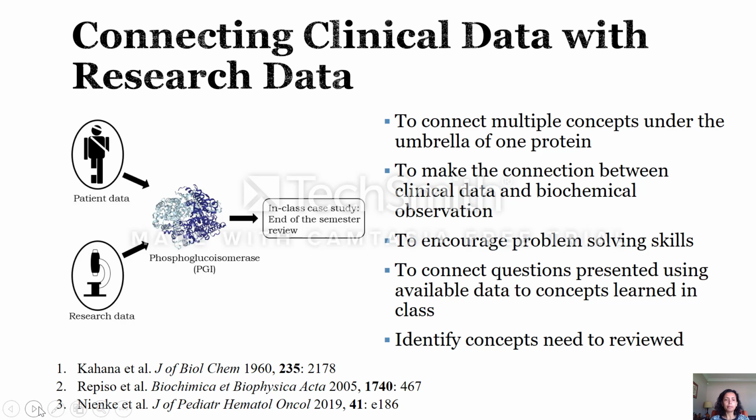So I've used patient data, clinical data published in Journal of Pediatric Hematology Oncology, and some of the research data that were identified on glucose phosphate isomerase and incorporated them into one activity.